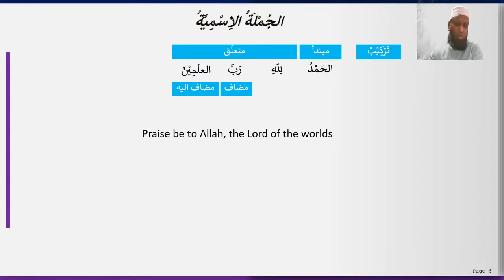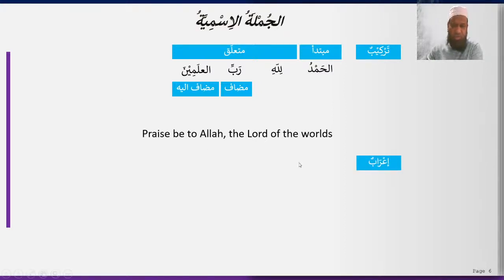The one who looks after you all the time, the one who provides you everything. So it will be best to make it na'at. Both are correct: mubdal and mubdal minhu, and also man'ut and na'at. But to make it na'at is the better way.